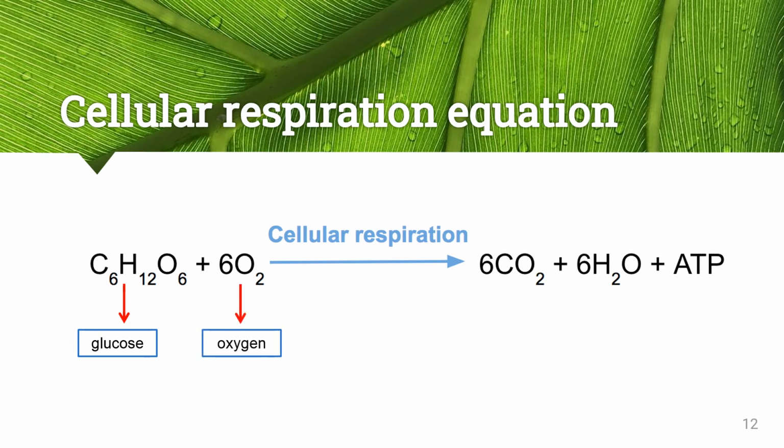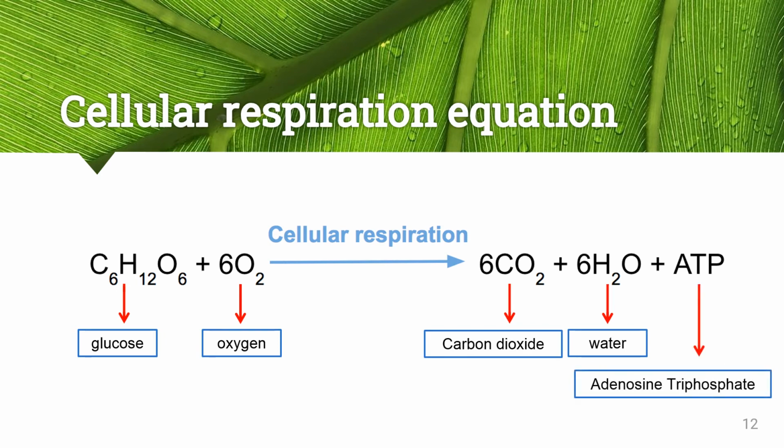And 6O2 stands for oxygen. The oxygen here came from the plants. Combining glucose and oxygen, it will yield CO2, or carbon dioxide. We also have the water, or H2O, and of course the ATP, or adenosine triphosphate, the energy-carrying component in our body.